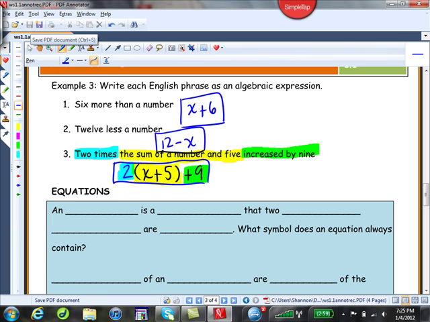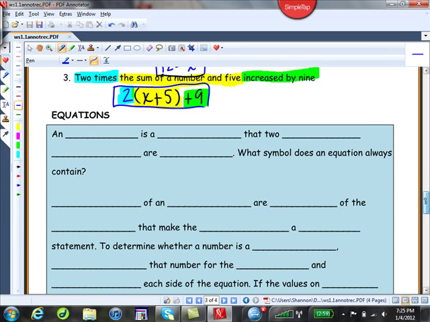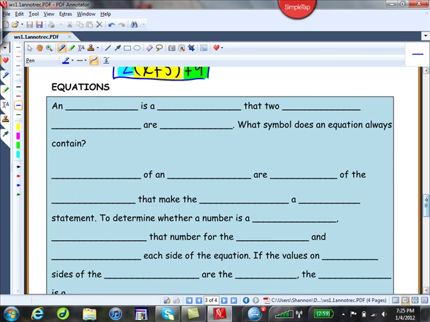All right, so here we are with some equations. Right? It's very important to understand the vocabulary in math. I mean, the vocabulary is the framework of mathematics. So if you understand the language, you're going to understand how to work these problems much better. So an equation is a statement that 2 algebraic expressions are equal.